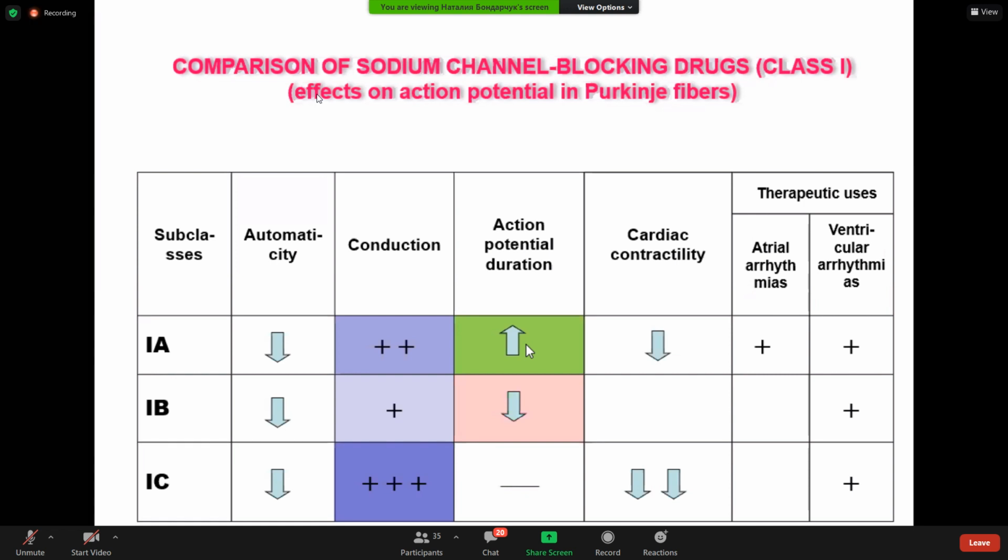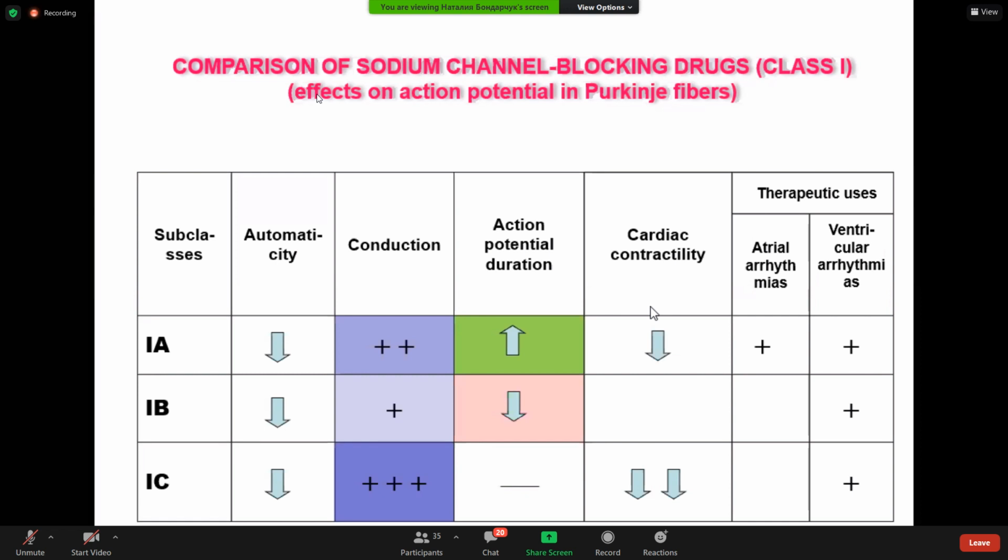The 1A class increases action potential duration, so they inhibit potassium channels that play the major role in the third phase, which is responsible for action potential duration. And if we are speaking about the 1B class, such drugs decrease the duration of the third phase of the action potential, and thus they reduce the action potential duration.